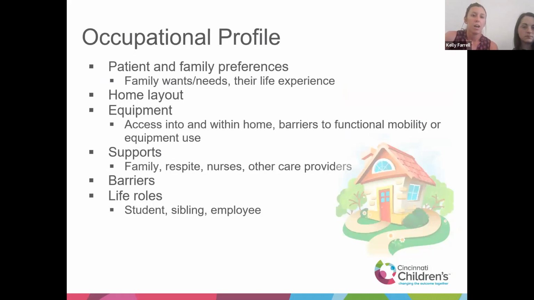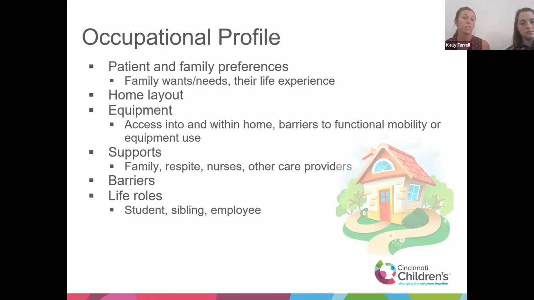So then we're going to create that occupational profile. So really, again, looking at what the patient and the family want and what their life experience has been up to this point and what brought them in for services. We're going to also look at the home layout, and then we're going to assess equipment within the home. Do they have any barriers to functional mobility or equipment use? What kind of supports do they have? Do they have a lot of family?